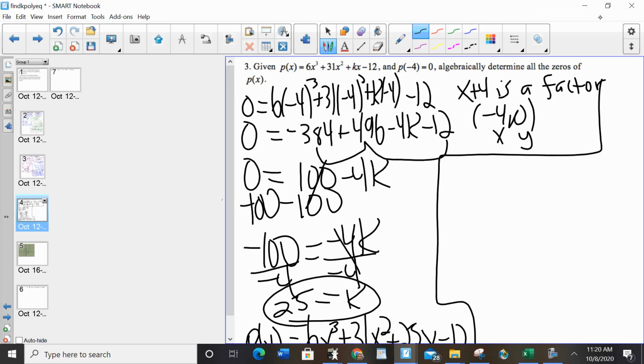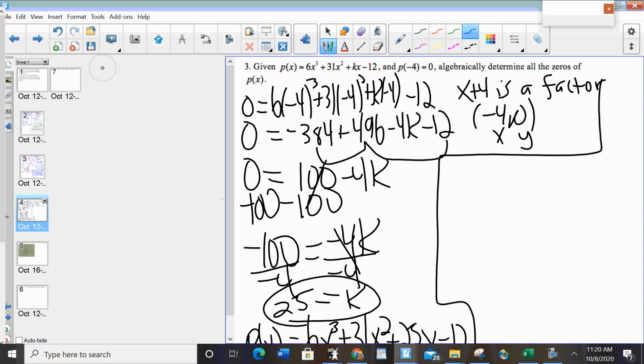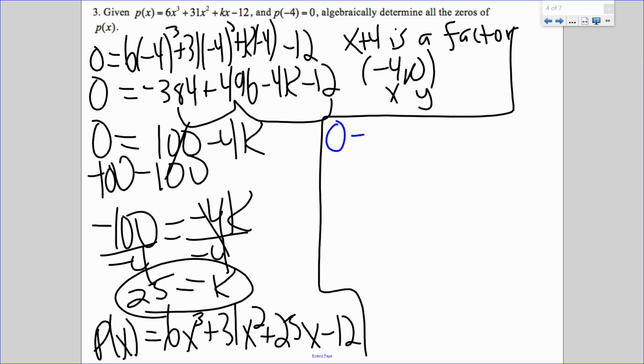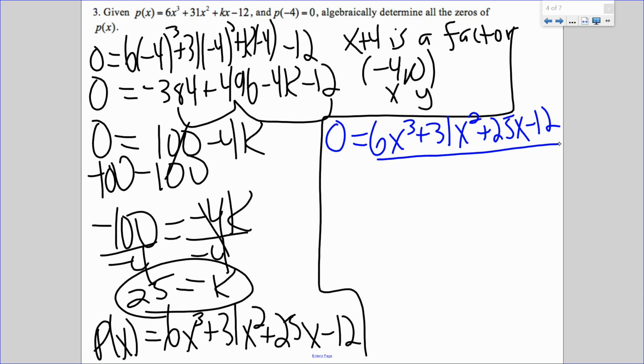So now to find the zeros, I'm replacing p of x with 0. And since I know that x plus 4 is a factor, I'm dividing by x plus 4.